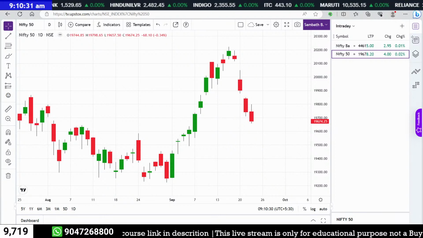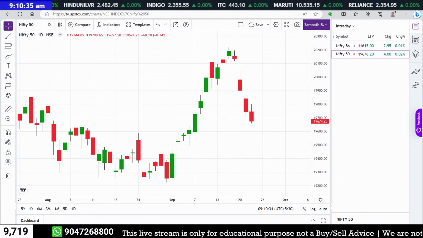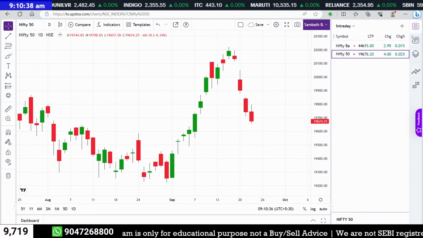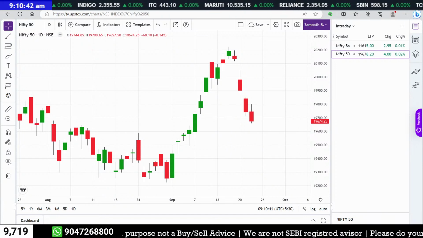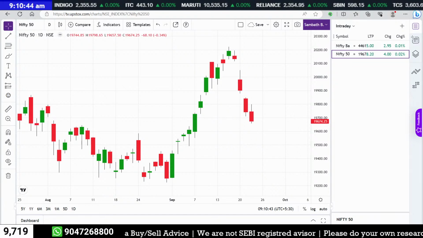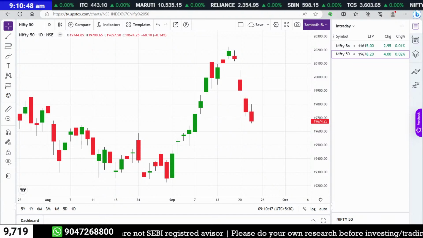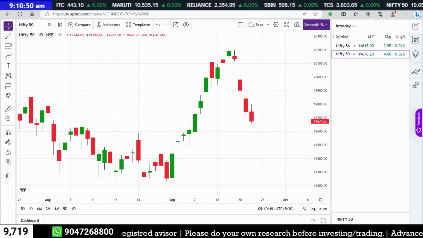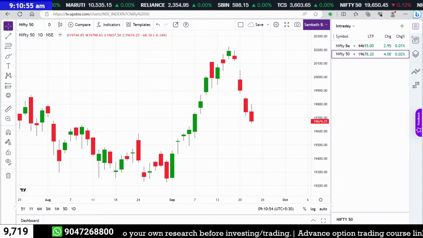In this live session, we are going to discuss stock options trading strategies along with our Google Sheet, which is a scanner for stock options. We can try to find some trade opportunities using our Google Sheet scanner, which will help you find trades in stocks either weekly, monthly, or intraday.